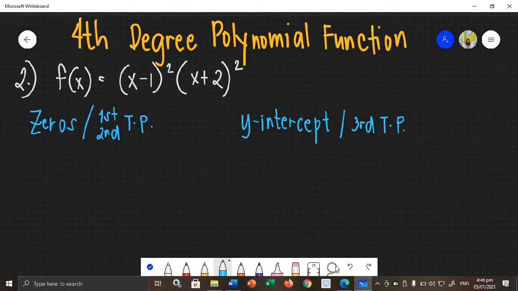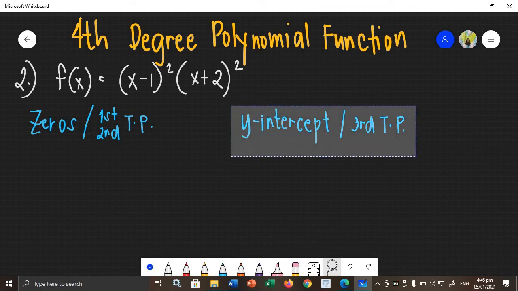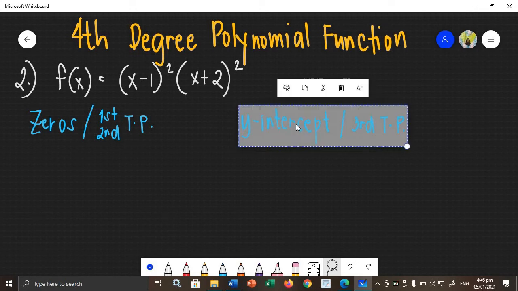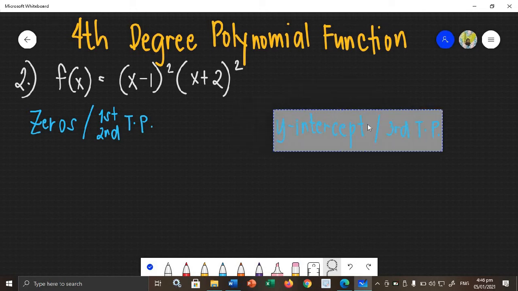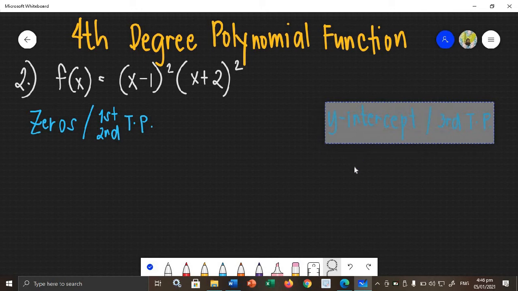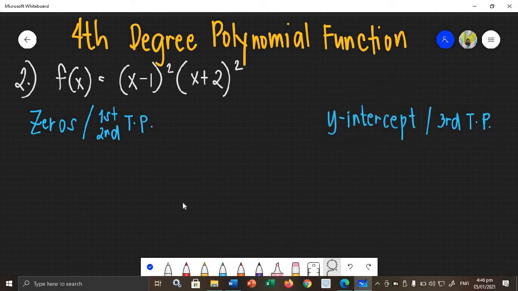Ayan, yan lang yung hanapin natin. And the multiplicity pala. Then the multiplicity of each factor.